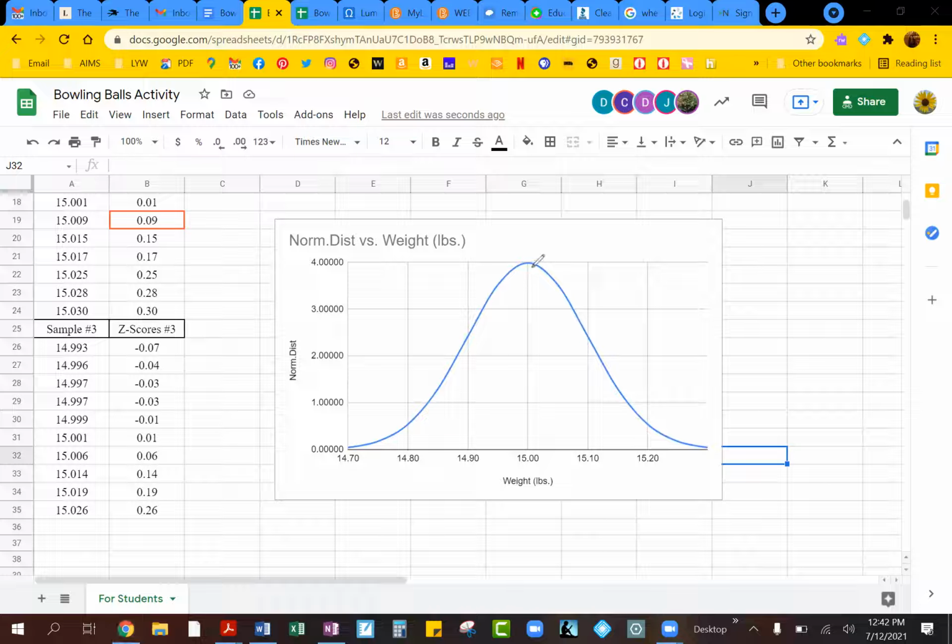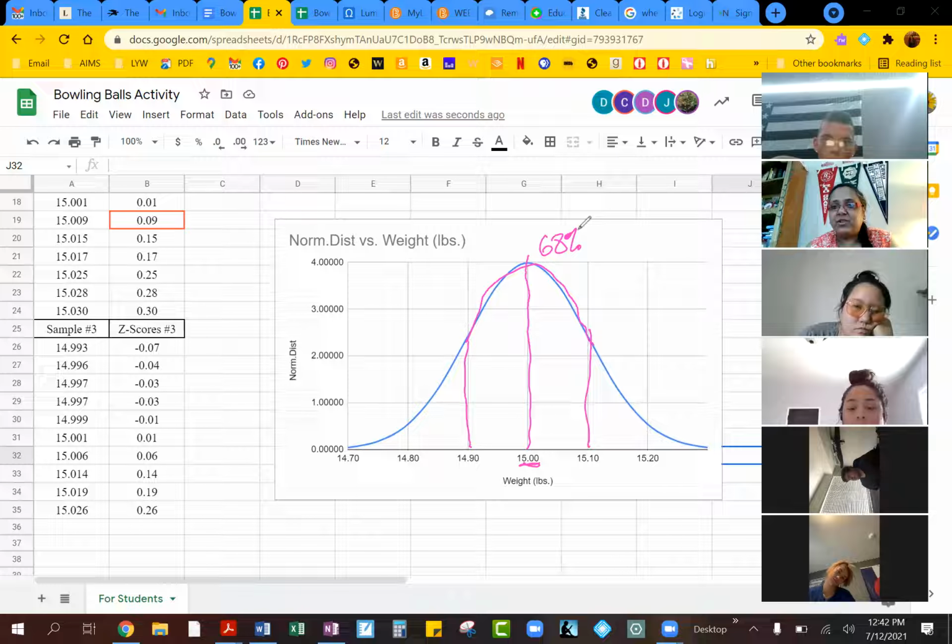You can see right here in the middle, we have our mean at 15 pounds. And the acceptable weight range is 14.9 to 15.1. Remember, as we were talking about the percentages, you can imagine that 68% of the balls being manufactured are going to fall within that acceptable range.